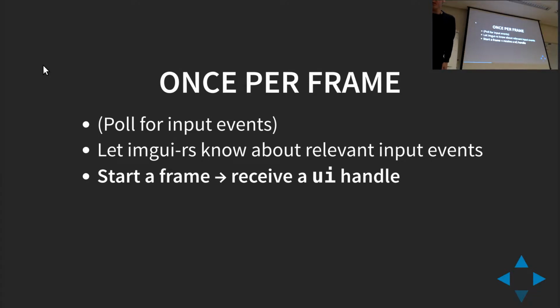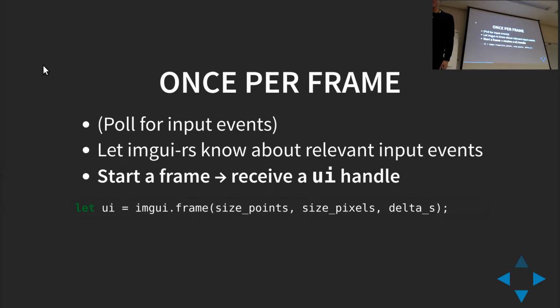Then another thing that you need to do is start a new frame in IMGUI terminology. So you call this frame function, and you give the size of the area where we are going to draw in points and pixels. In most cases, these are the same, but if you use a high DPI display, they might be different.